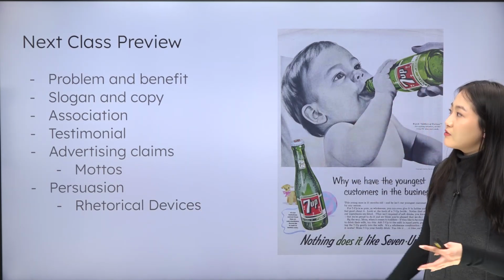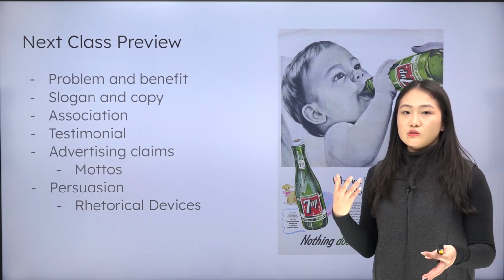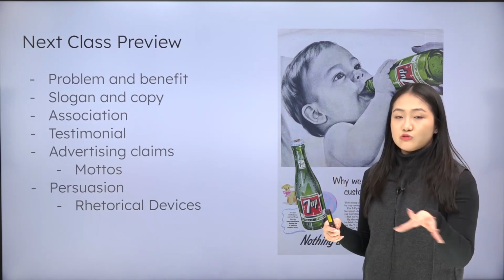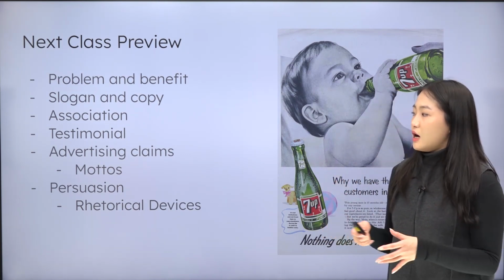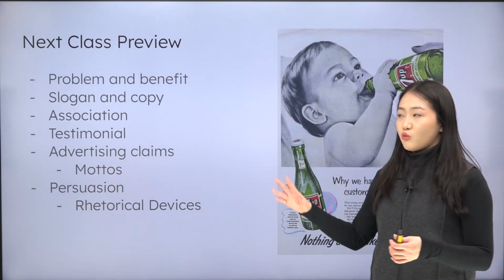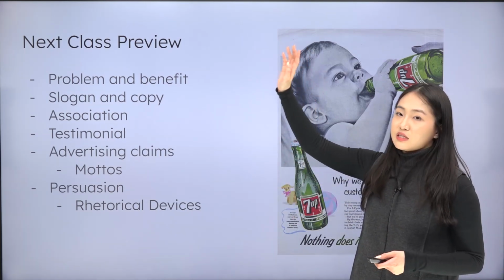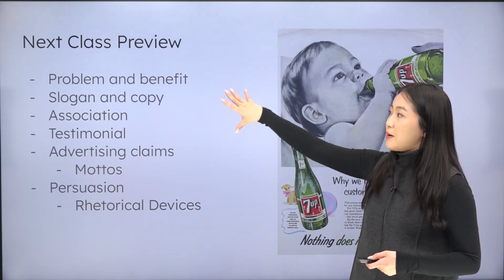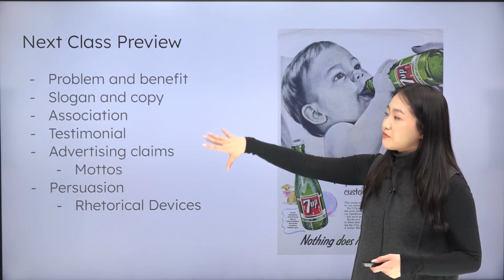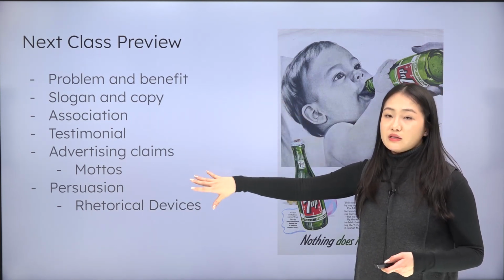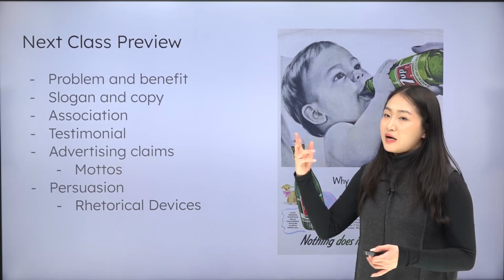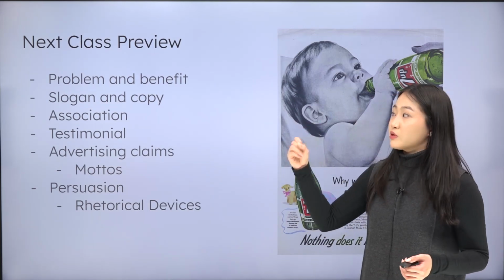So we will learn next class how to tie these visual resources and techniques with the textual in order to see how advertisements really go after their goal of persuading the audience to either buy their product or remember their brand.